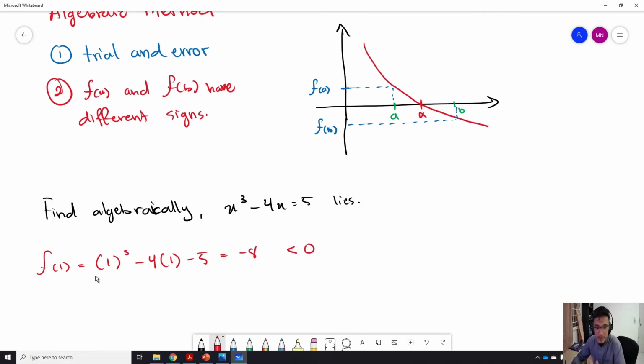Okay, then we need to find another value that must be the opposite sign, means we have to find a positive number, and we try with the value of 2. So 2 to the power of 3 minus 4 times 2 minus 5, and we get negative 5. So that is still less than 0. That has the same sign as f(1), that is negative and negative. Then we try f(3).